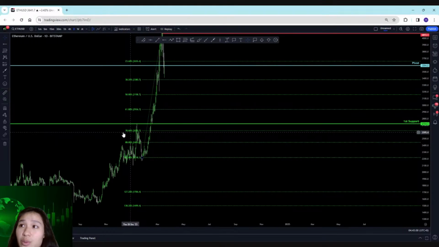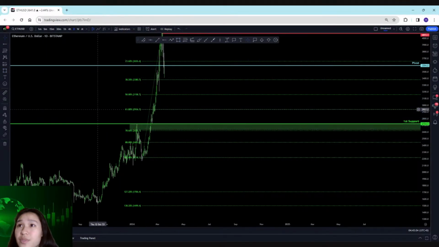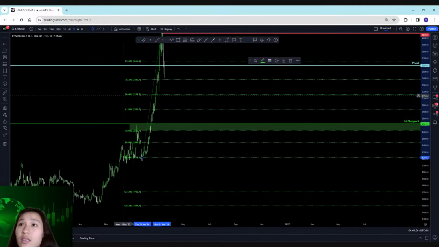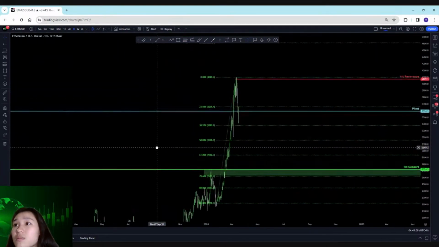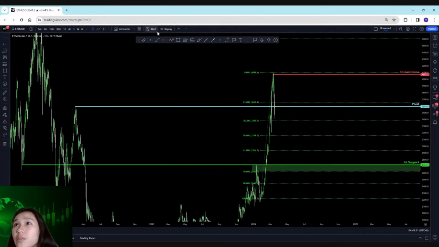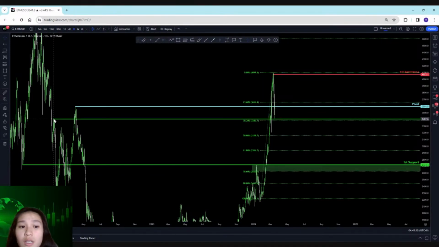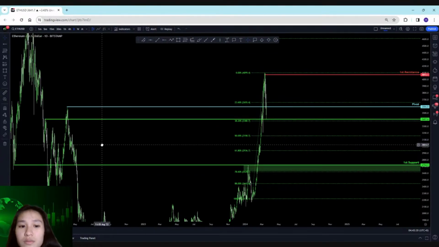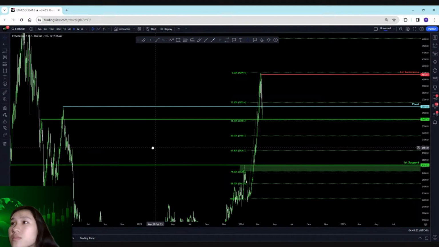You can see the 78.6 lines up with our first support, so I'm just going to keep that. I'm going to add another intermediate support level here as well.